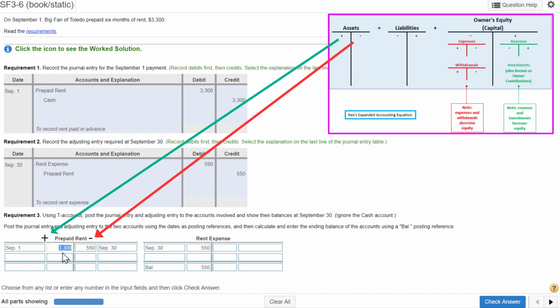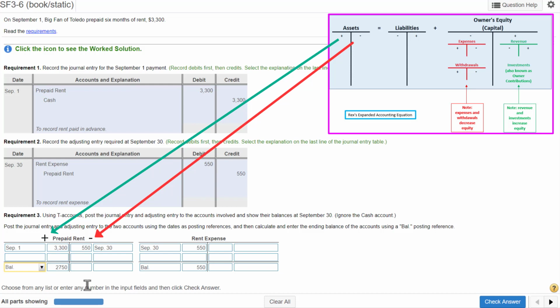So $3,300 minus $550 gives us a new balance of $2,750. The reason I'm putting it here is because this is our horizontal black line, which shows that we're doing a mathematical operation. In this case, we're taking 3,300, subtracting 550, and that gives us a new balance of 2,750.